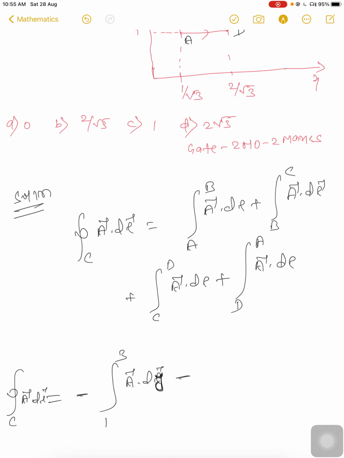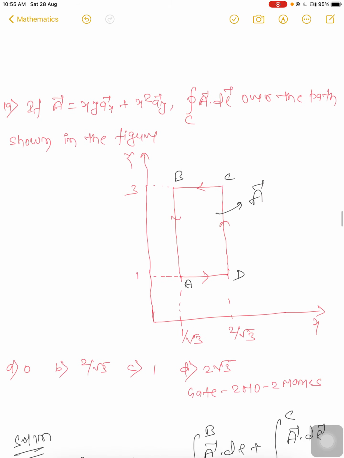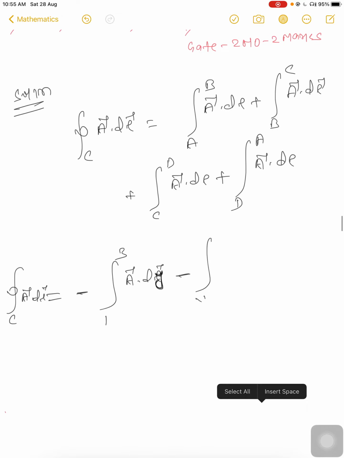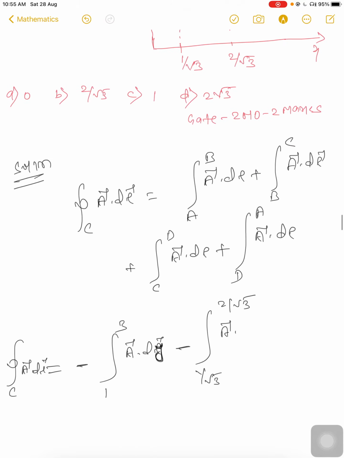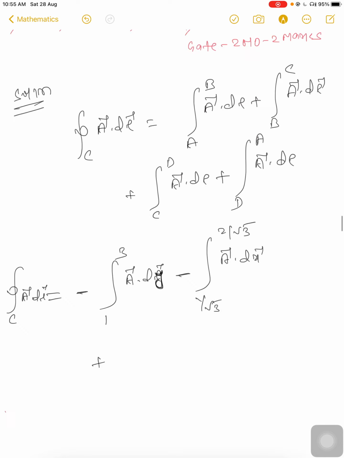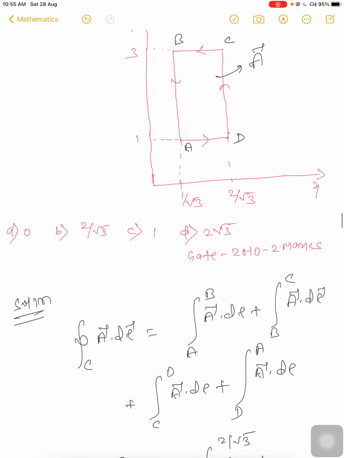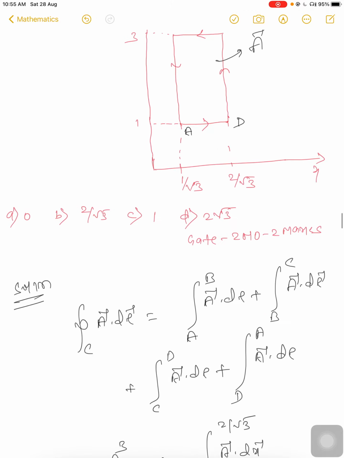Okay, dy, and once again negative sign B to C, and B to C moving 1 by root 3 to 2 by root 3, A dx, and C to D once again y direction.